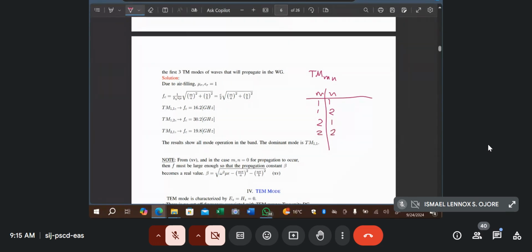You can continue. Now you need to compute the fc or lambda c for those different modes in TM. So somebody can do the fc for TM11.